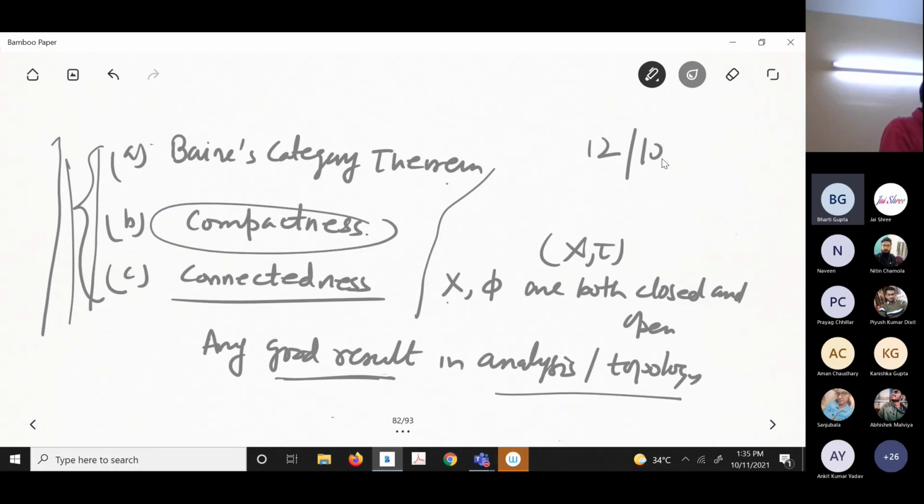Actually, I will prove this result that I told you, that every complete metric space is a Baire space. Right now, in Baire's category theorem, you just need that result. That will be good enough. Next semester probably I will teach something more. Okay, bye.